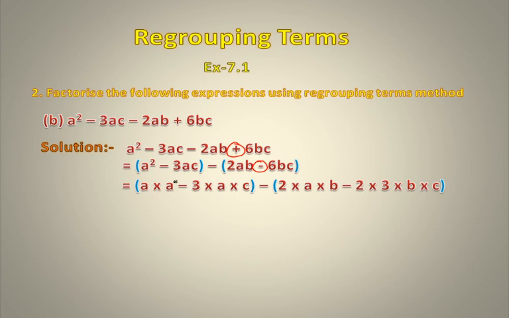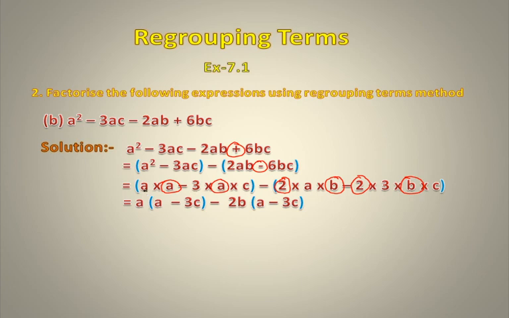You'll find that here we have this a and this another a, which is common, so we can take that out. In the second group, the 2 is common, and then we have b, which is common, so we can take that out also. Let's see what happens if we take it out. Your a will be taken out and put here.